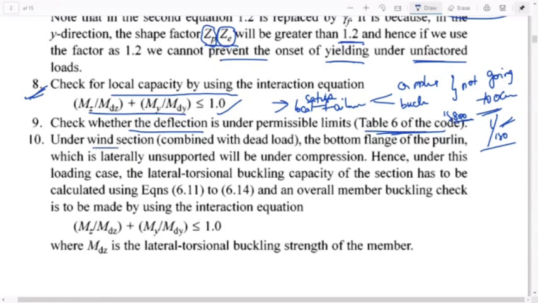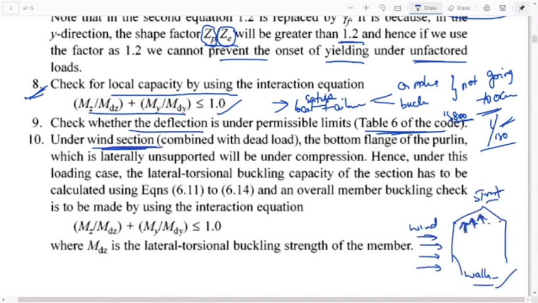And next, under wind load, you have to check for the suction. Because of this, there is going to be lifting of this roof, it tends to lift. So there is a reversal of forces. Until then a member may be subjected to tension, but because of this wind load, it can change. It can be compressive, it can become tensile, reversal of stresses can happen, and the deflection can change.